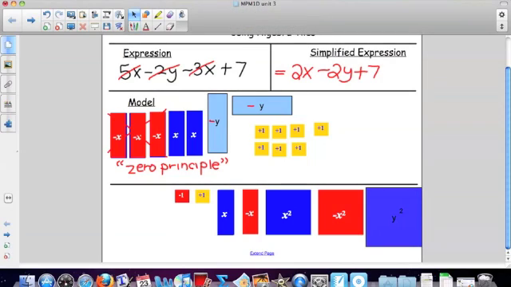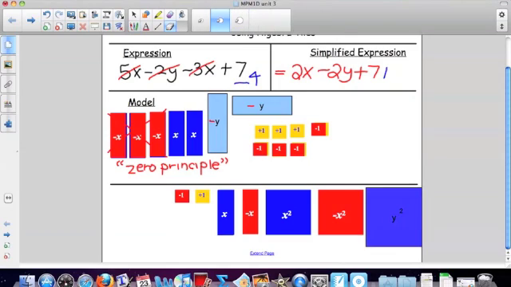Now, what would happen if I added negative 4 to this question? What would I have to do with my algebra tiles to illustrate a negative 4? Rita? Exactly. Each negative value will cancel out one of my positive tiles. So 1, 2, 3, 4, and I will be left with positive 3.